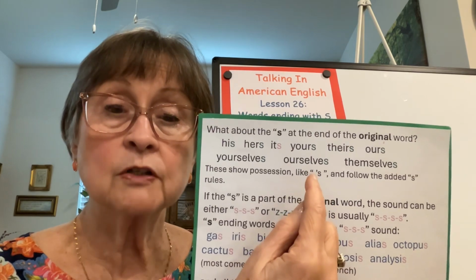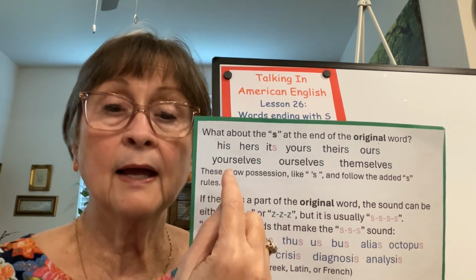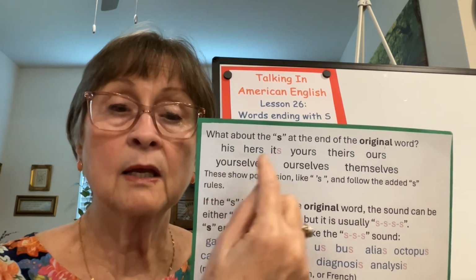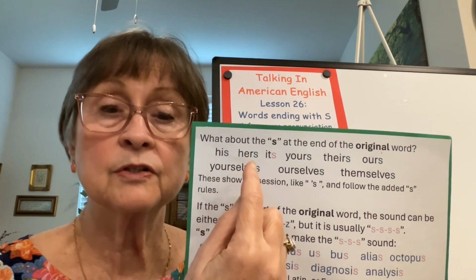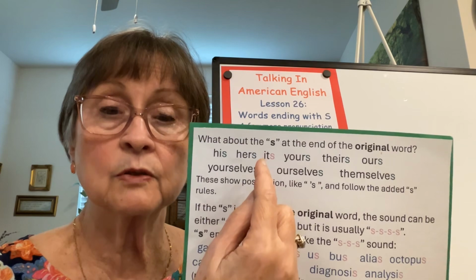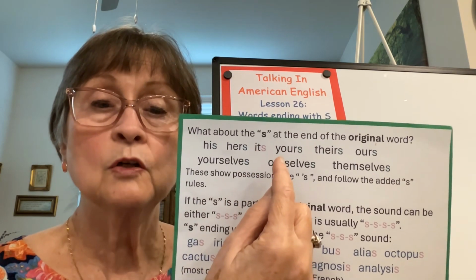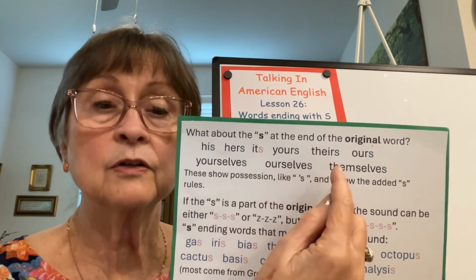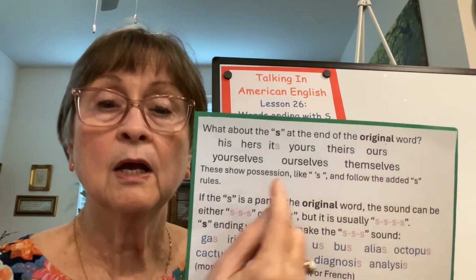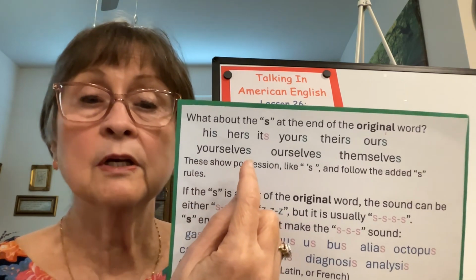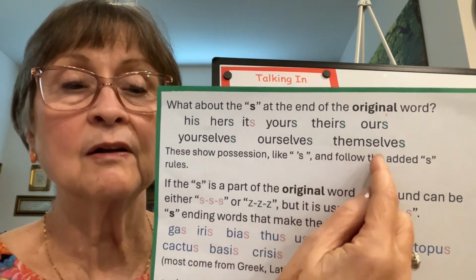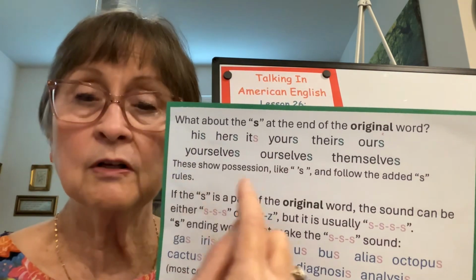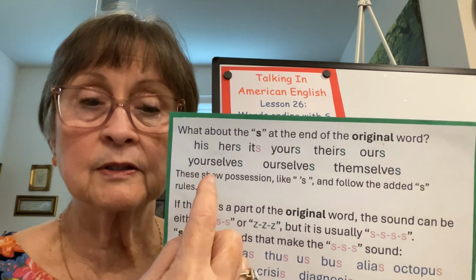You add apostrophe S. Well, we're adding an S inside the pronoun forms. His, hers. Now this one doesn't vibrate, so it's its, yours, theirs, ours, yourselves. Can you tell it's green? Ourselves, themselves. You can still use the same rule for these pronouns.